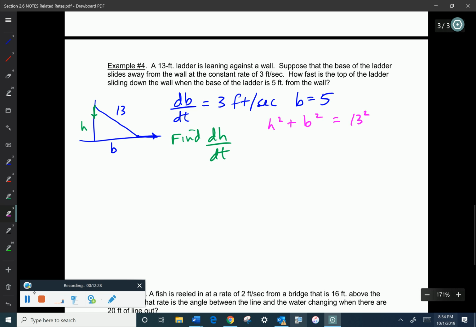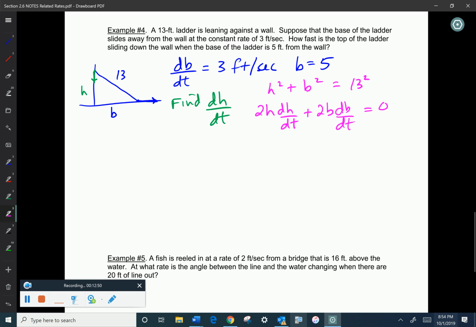The derivative of h squared would be 2h, times the derivative of h with respect to time, plus the derivative of b squared would be 2b, times the derivative of b with respect to time, equals the derivative of 13 squared, which is 0.